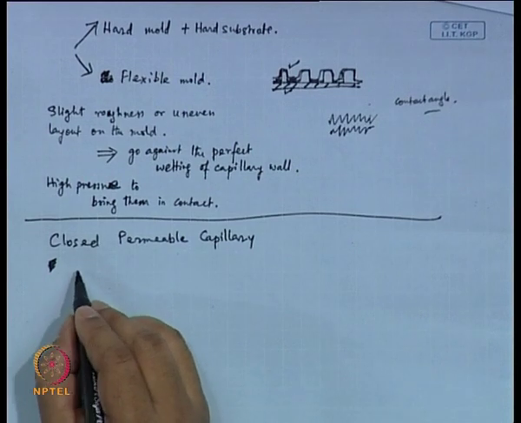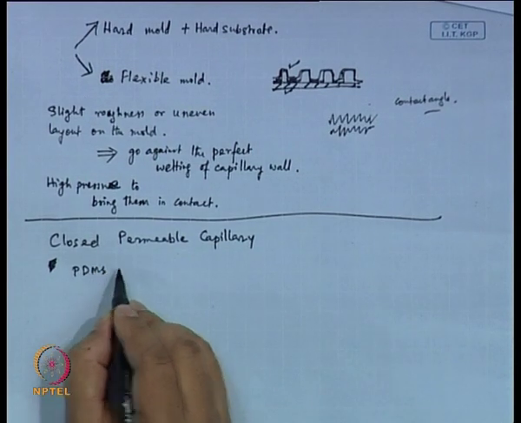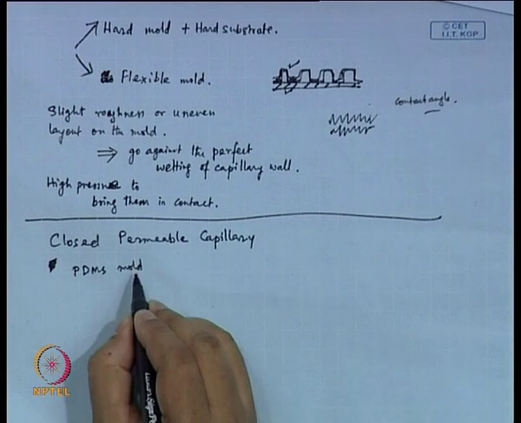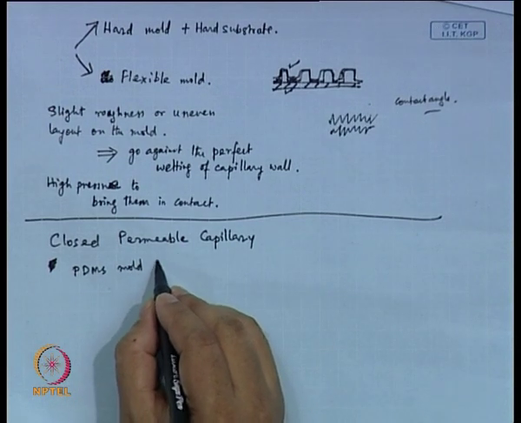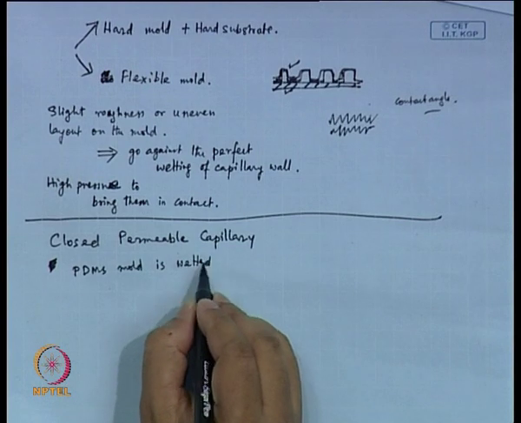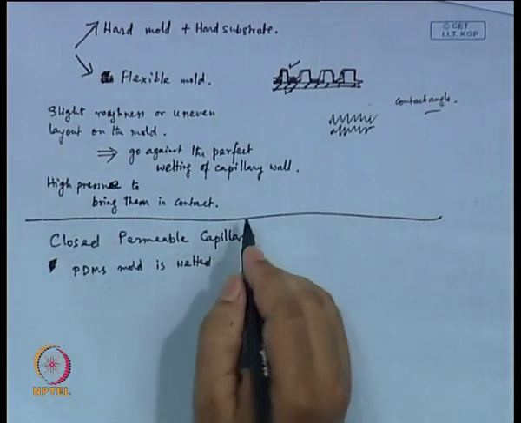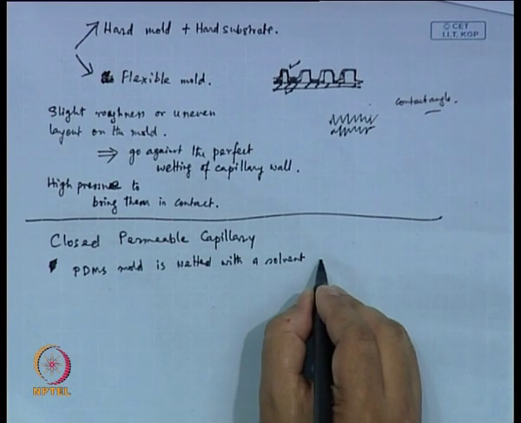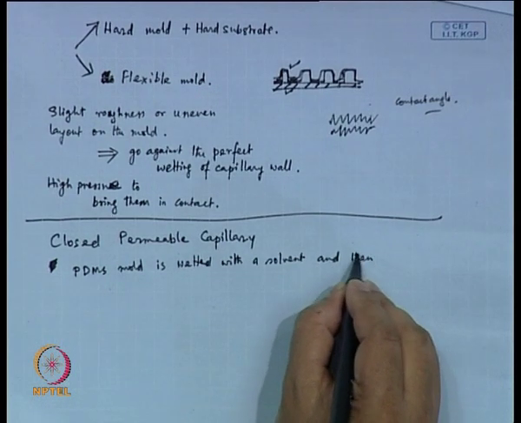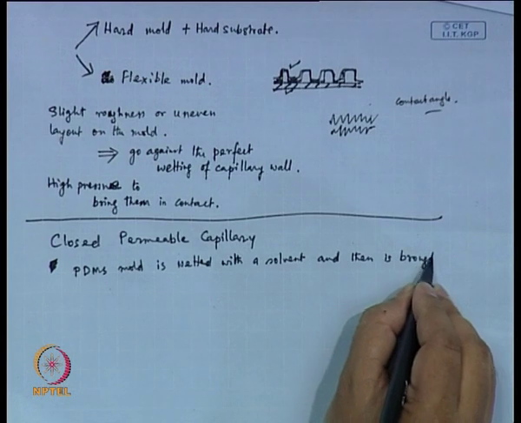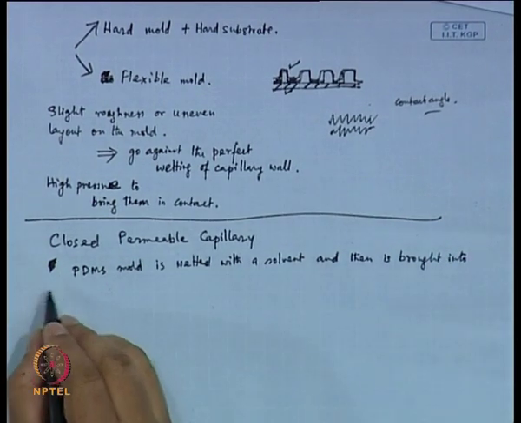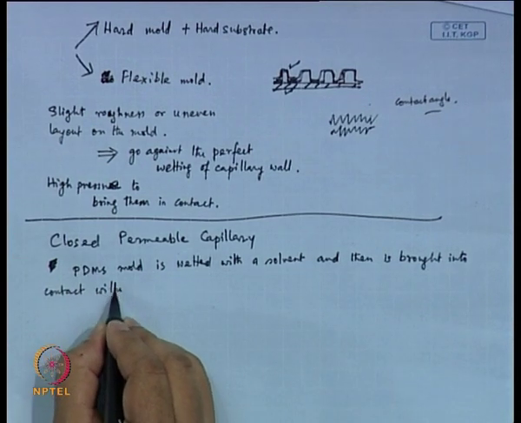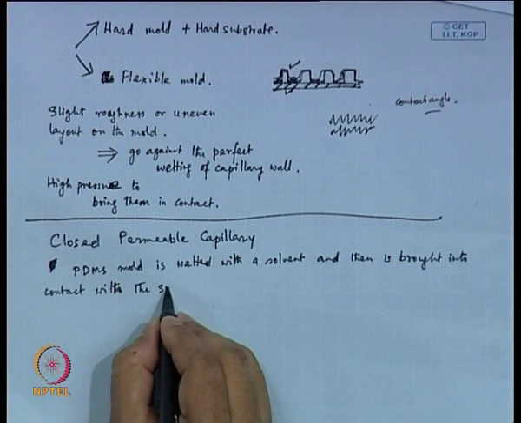What is that? A PDMS mold is wetted with a solvent and then is brought into contact with the surface of the polymer.